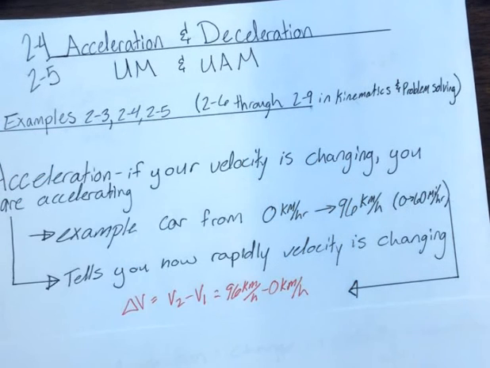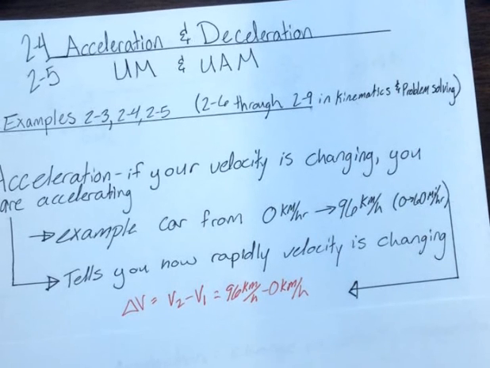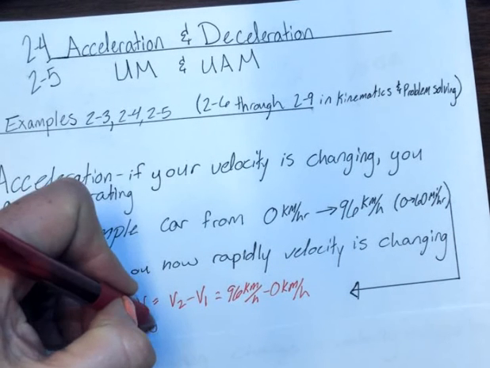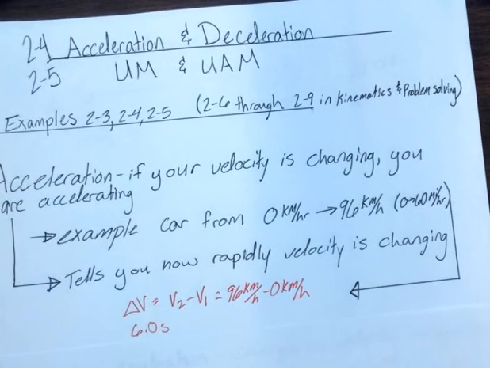That would be the change in velocity, but we want to know how rapidly the velocity is changing. So let's take an example where our car is making that change in a total of 6 seconds. That's a popular time for a car to be making that change.